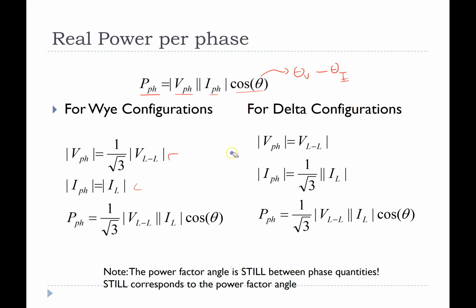So if we substitute the values now for phase voltage and phase current into the equation, V phase is equal to V line to line, and I phase is equal to 1 on root 3 I line. And if you look at these, you'll realize they're exactly the same. So whether we have a delta configuration or a Y configuration, the power is exactly the same if we write it in terms of the line to line values.